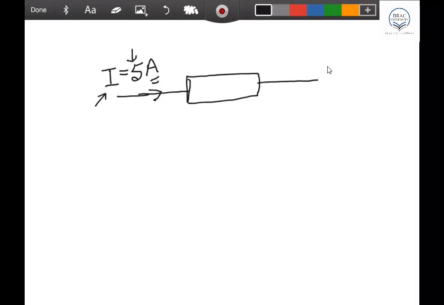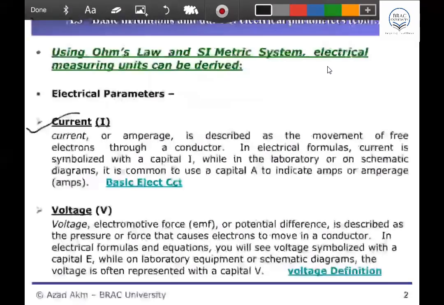These are the ways to represent the current, as well as the symbol and the unit. This is all about the current, and this current I and A, all these things you have. Now, the basic understanding of the electrical current, if we go for it, then we can see the basic understanding.